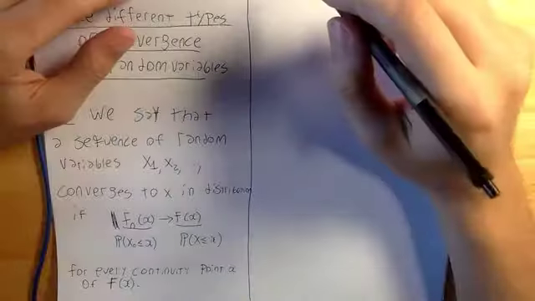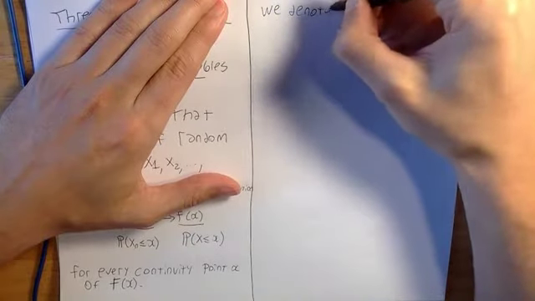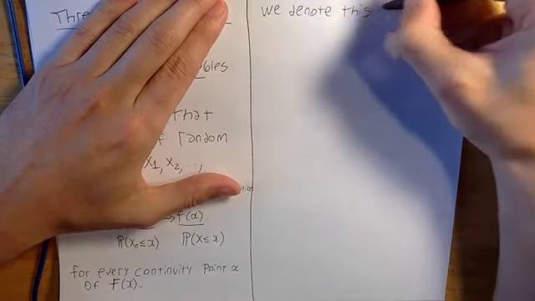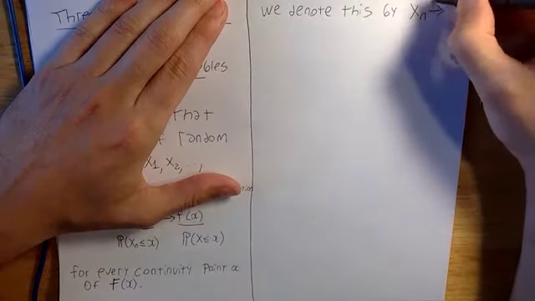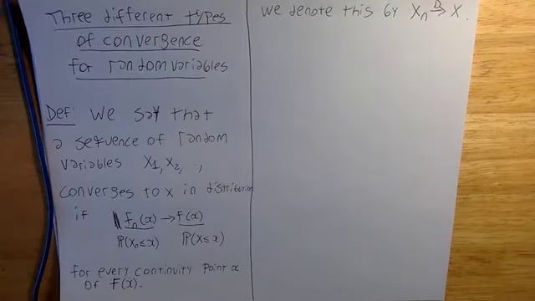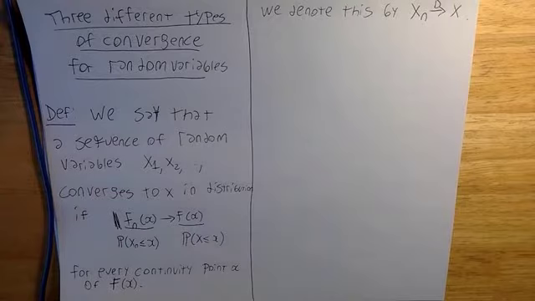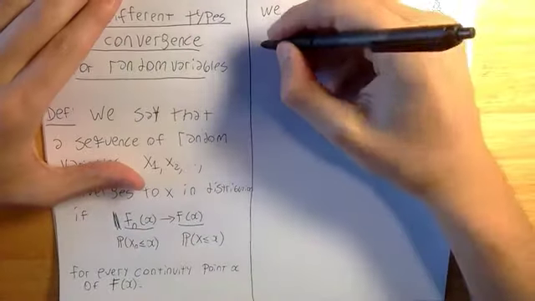Okay, and we'll denote this by xn converges in distribution to x. So this is the first mode of convergence that we saw in a couple of classes before.